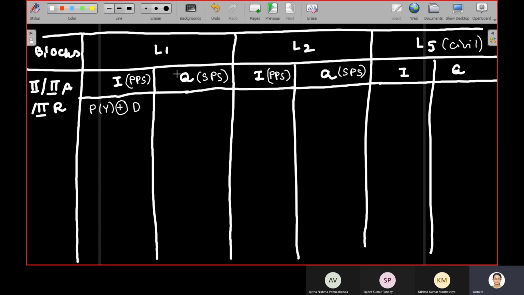We are actually interested in SPS, but we will also note the PPS part to the extent possible. Not everything we will be able to note, but for the PY part, I think we can easily do that here. Then this one has CA modulo 2 sum legacy nav data.